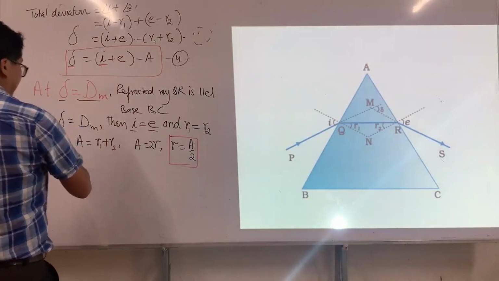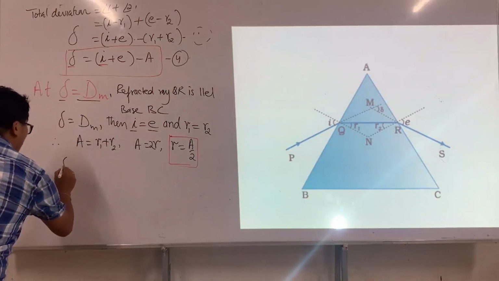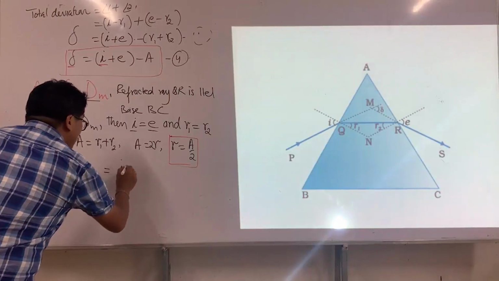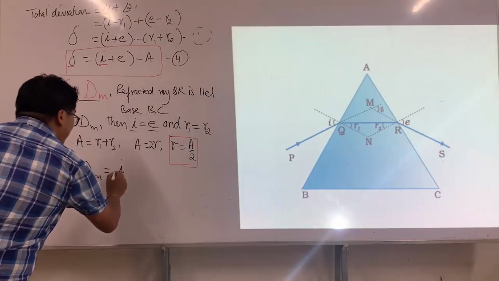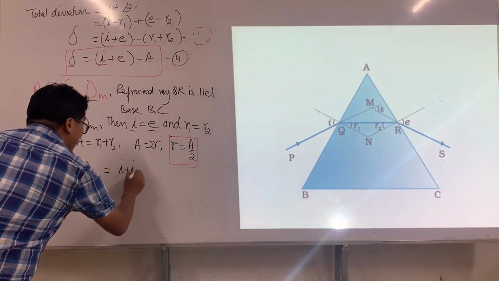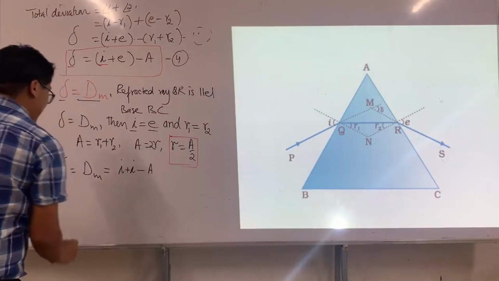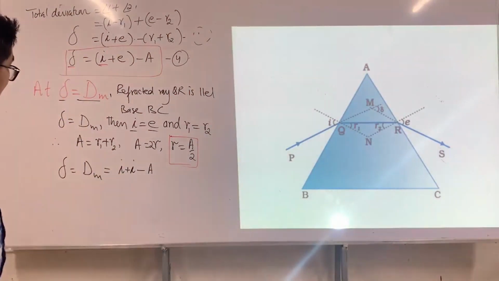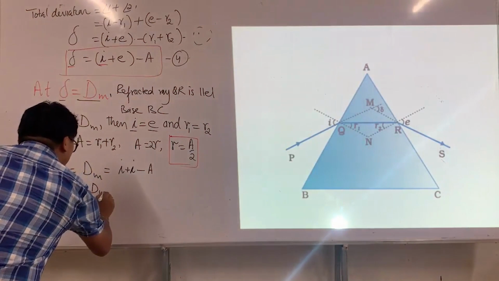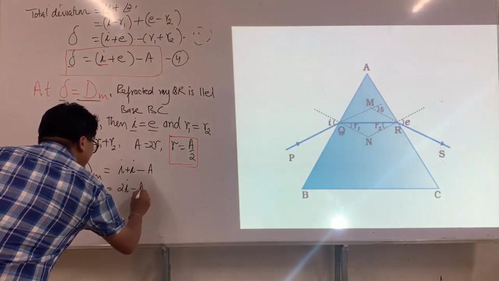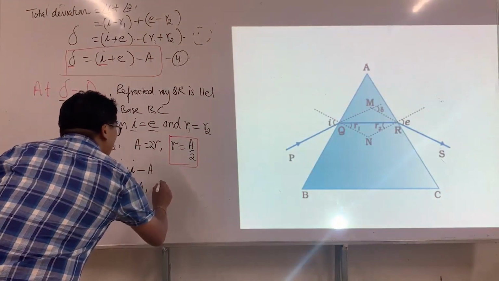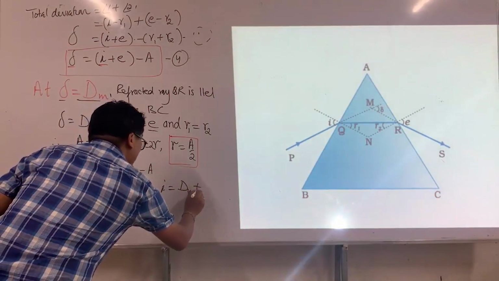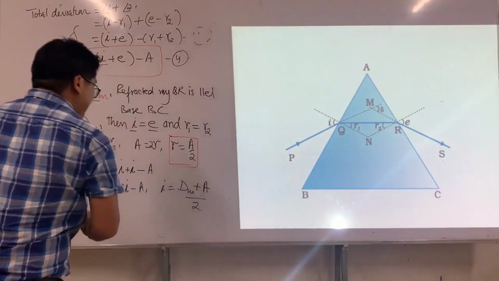Now for the deviation, which is equal to Dm, I is equal to E, and deviation D is equal to I plus E minus A. Then Dm is equal to 2I minus A, and then I is equal to Dm plus A divided by 2.